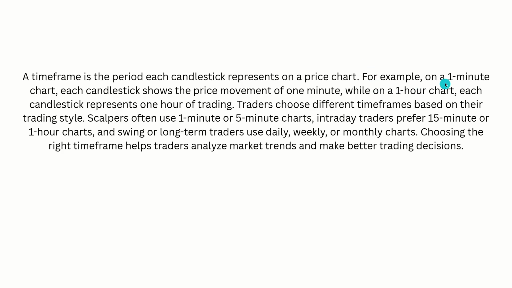One of the most important things: on a 1 minute chart, each candlestick shows the price movement of 1 minute, while on a 1 hour chart, each candlestick represents 1 hour of trading. Each candlestick takes 1 minute to form on the 1 minute chart, and similarly on the 1 hour chart, each candle takes 1 hour to form, right? Under the 1 hour candle, there are 60 one-minute candles, and if you combine all of them, the open, high, low, close, whatever it will be, is considered at the end a 1 hour candle.